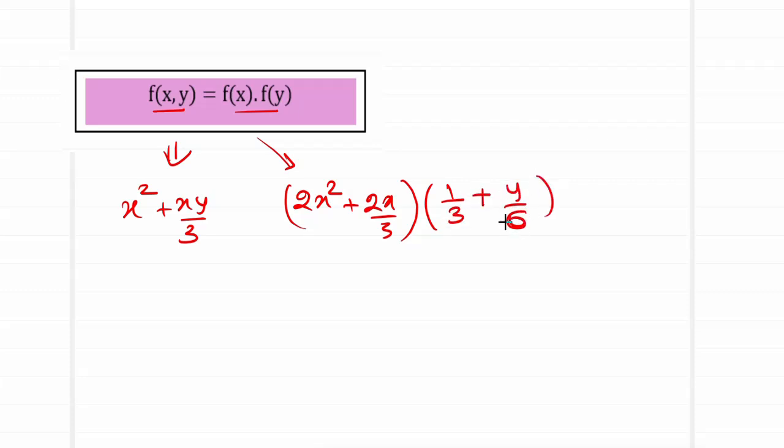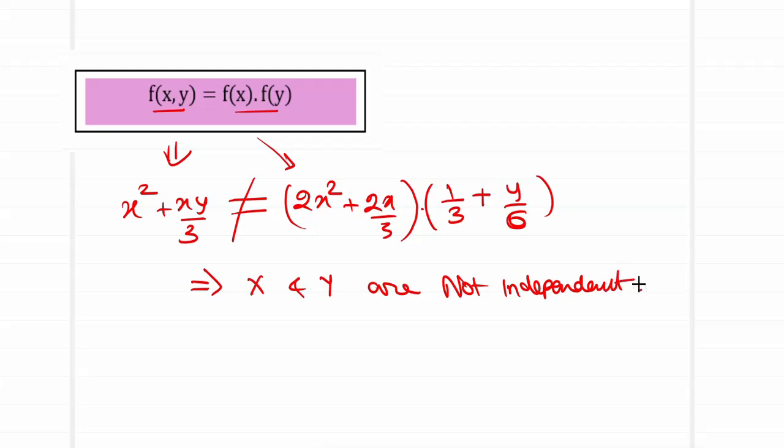On multiplying these two quantities, nowhere am I able to arrive at the function f of x comma y. So f of x comma y is not equal to f of x times f of y. So we conclude that the variables x and y are not independent. They cannot act separately; they will have to depend on one another.